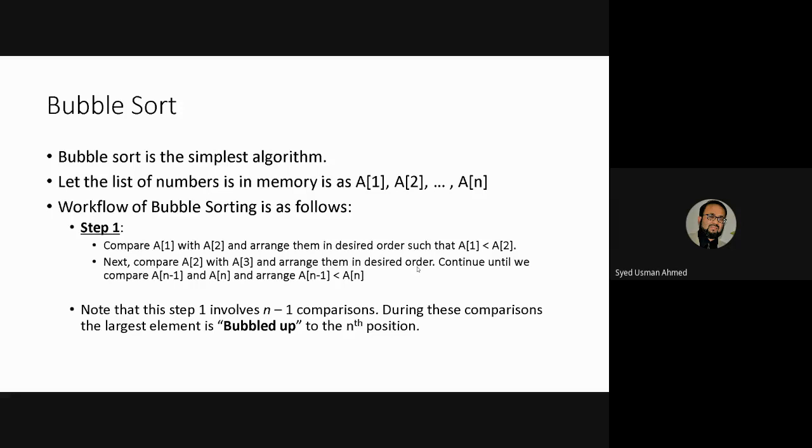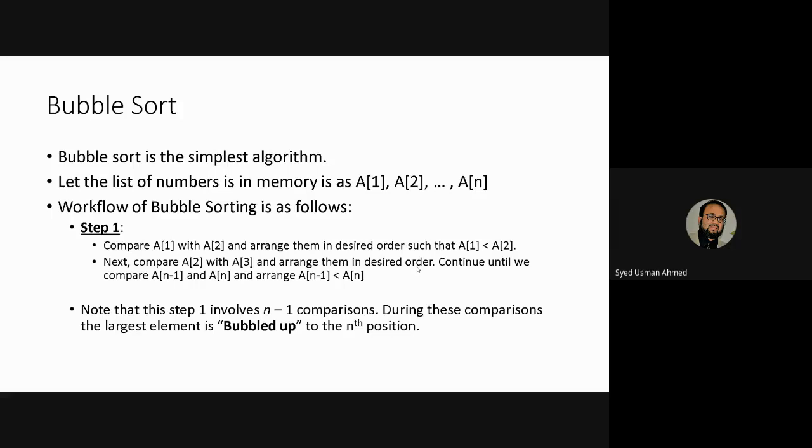Step 1 compares A1 with A2 and arranges them in the desired order such that A1 is less than A2. Next, we compare A2 with A3 and arrange them in the desired order, and we continue until we compare AN minus 1 with AN and arrange them so that AN minus 1 is less than AN.